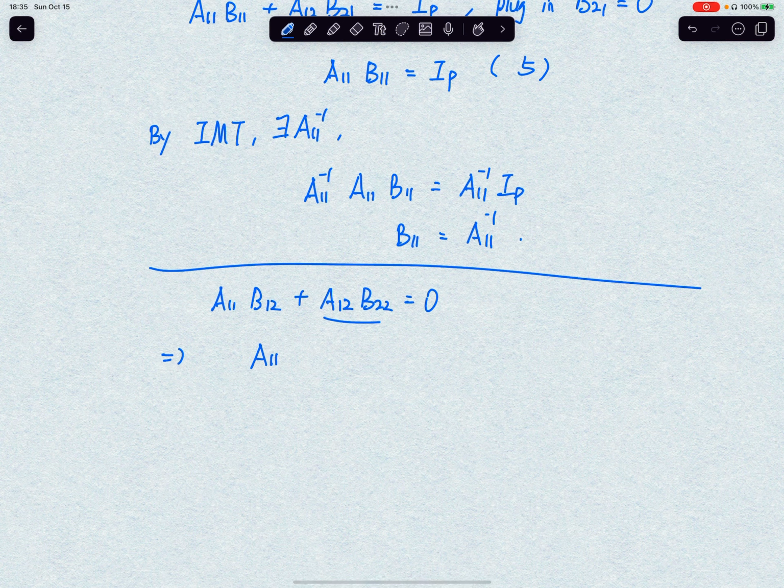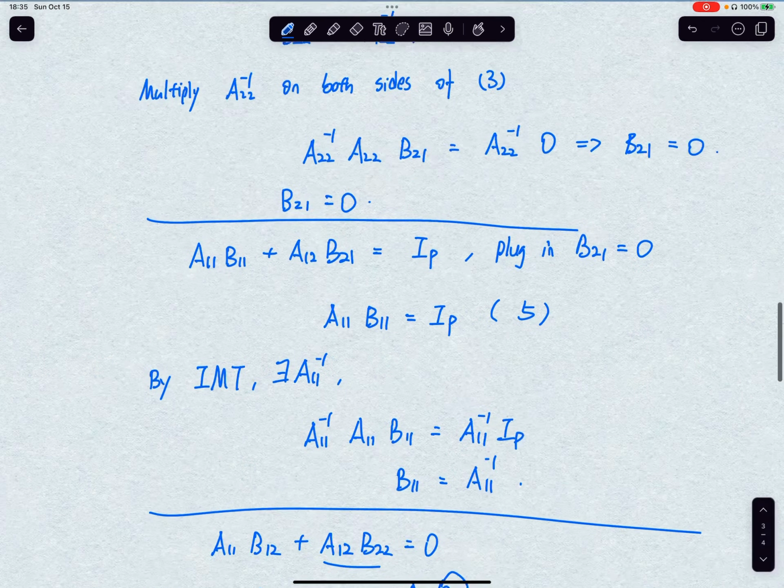So we have A11 B12 equals minus A12 B22. And now we have B12.